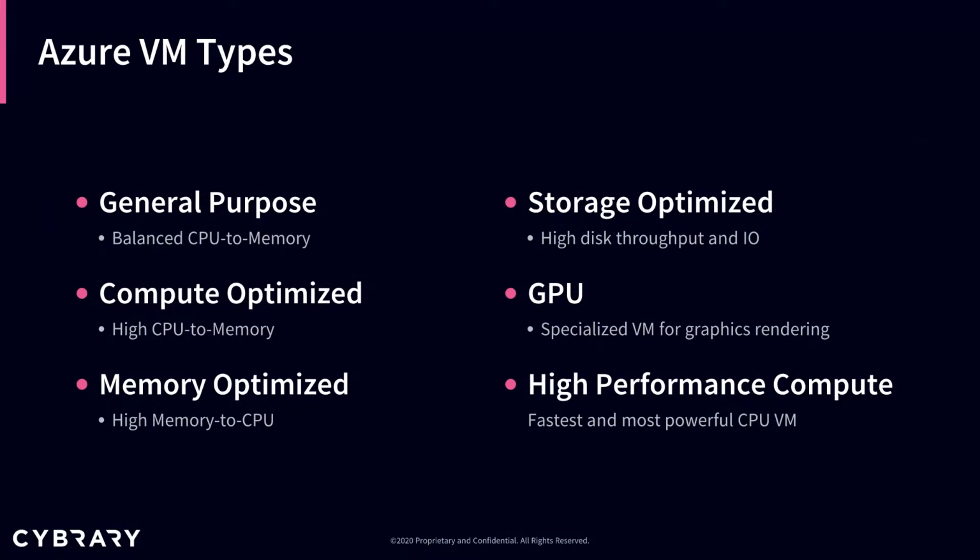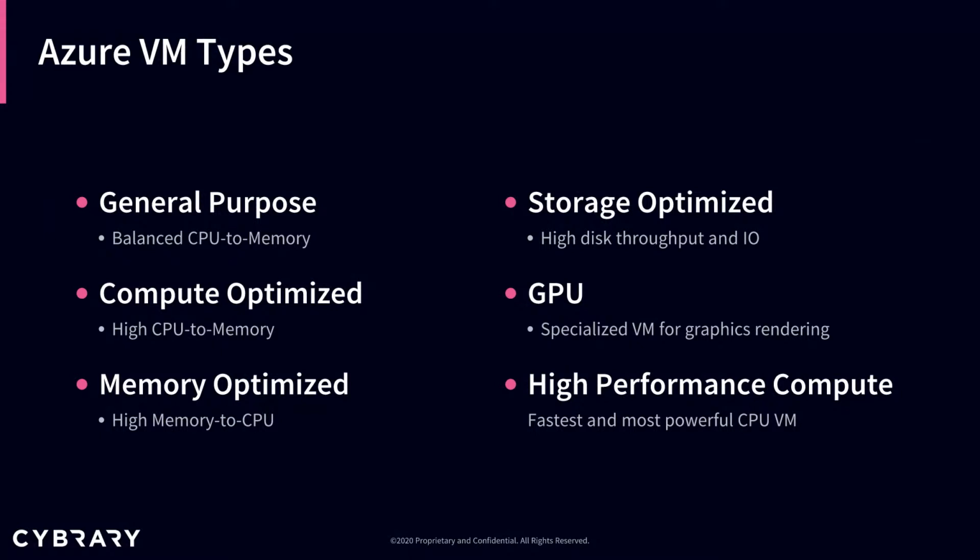So compute optimized is really for something that needs high level of processing. It can be an app that requires high level of CPU to memory usage. You can have memory optimized, which has high level of memory to CPU usage. So it basically application that processes a lot of data in its memory will be applicable.